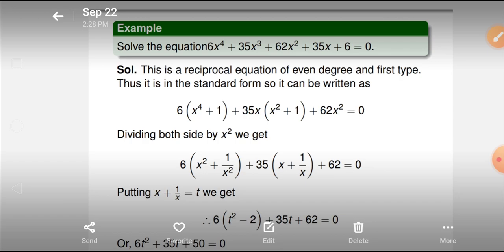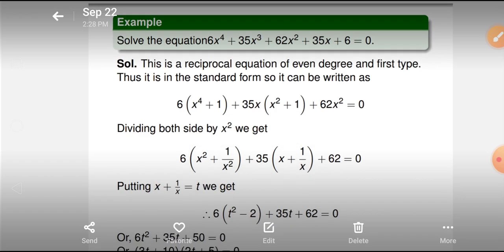Now divide the equation on both sides by x^2. So we get 6(x^2 + 1/x^2) + 35(x + 1/x) + 62 = 0, as x cancels in the second term and x^2 cancels in the last term.